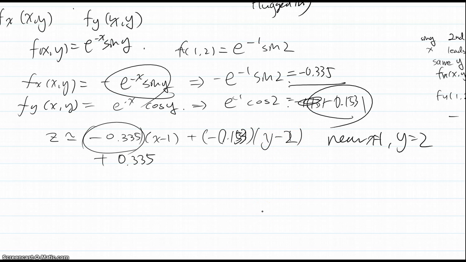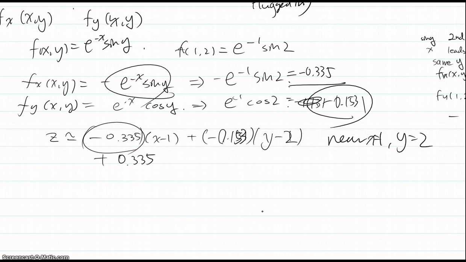Those values will differ more and more as x and y get farther from 1 and 2, but as long as the value we're trying to approximate is near 1 and 2, we're gonna get an almost exact answer, almost no error, just like with Taylor polynomials.